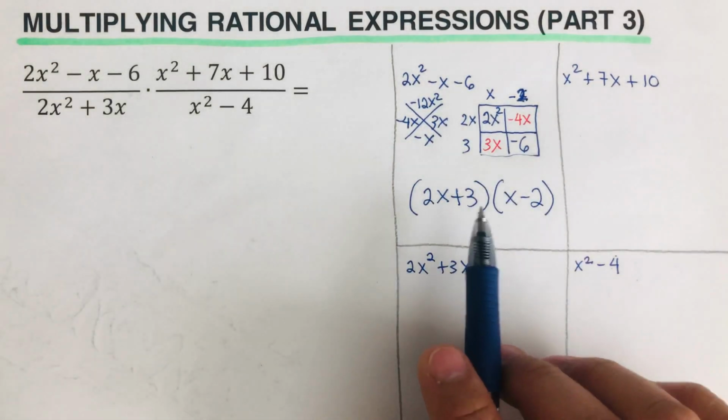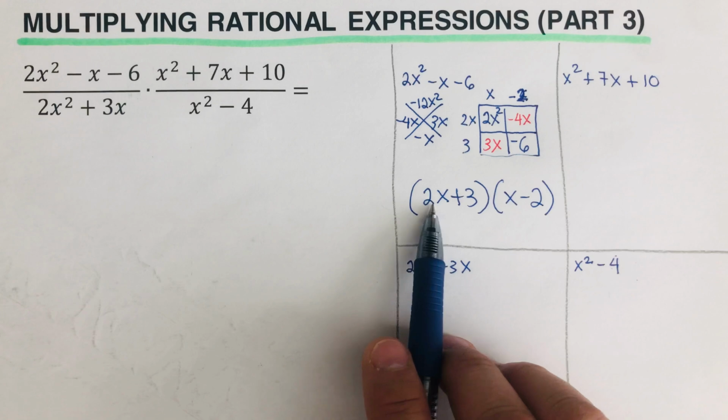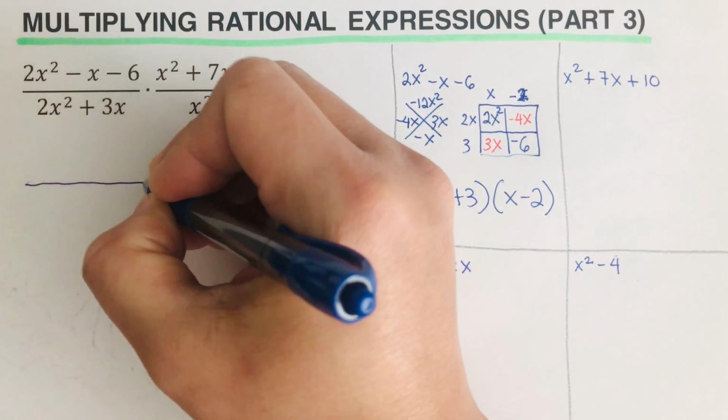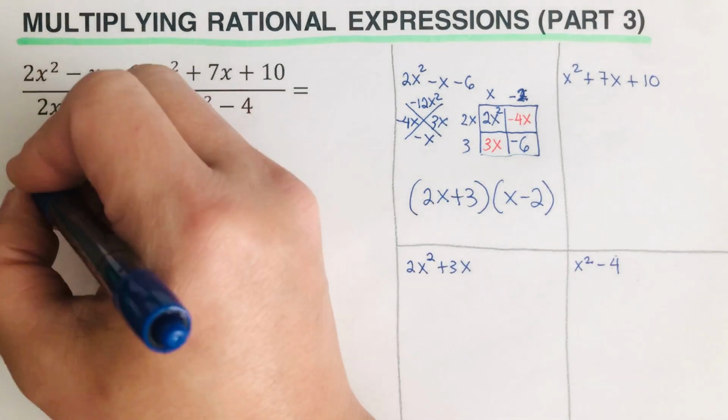Okay, so the factor for this one right here is 2x plus 3, x minus 2. So I can go ahead and write this one in replacement for this.